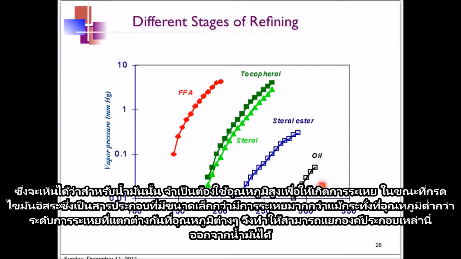For the oil, it requires high temperature to make it volatile, whereas free fatty acid, which is a smaller compound, is more volatile even at lower temperature. So the different degrees of volatility at different temperatures enable these different components to be separated from the oil.